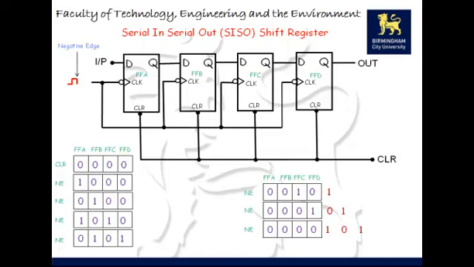Another negative edge, that'll knock the 1, 0, 1 out. Another negative edge, that'll knock out 0, 1, 0, 1. So data is loaded serially and retrieved serially as well. So you need about 8 clock pulses to load and retrieve the data. This is a serial in, serial out shift register.